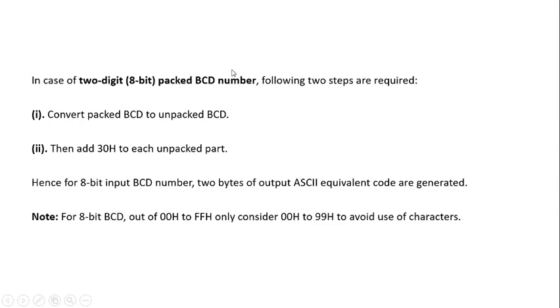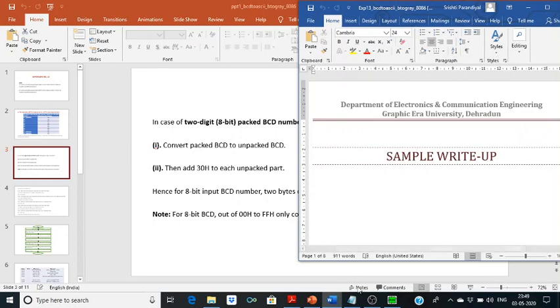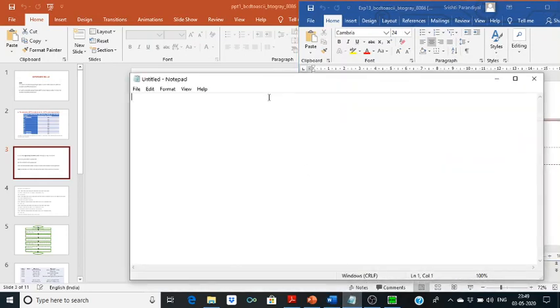We have 2 digits, so we will unpack each digit. For example, we have 32H. So this is a 2-digit BCD. What we have to do, we have to break it into unpacked BCD, like 03H and 02H.